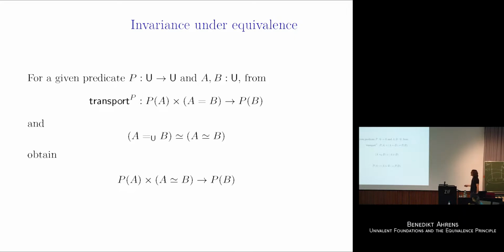Once I have equivalent types, then a predicate P, or a construction P on A, transfers to a construction or a property on B.